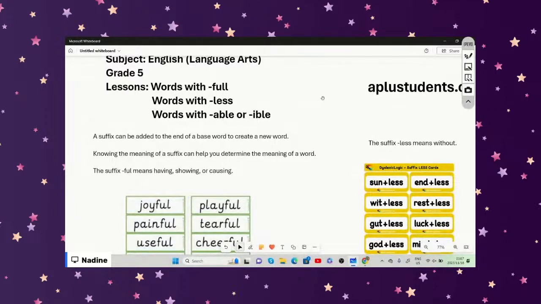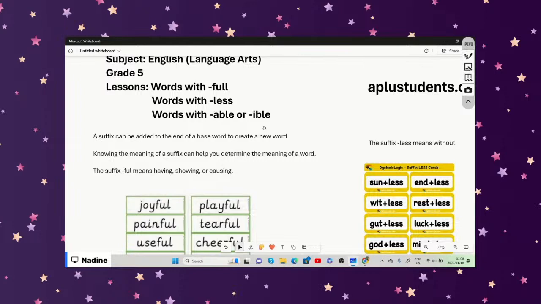It is easier to know the meaning of a specific word when you know what the suffix means, not just the root word. For example, knowing the meaning of full, less, or able can help you to determine the meaning of a specific word.